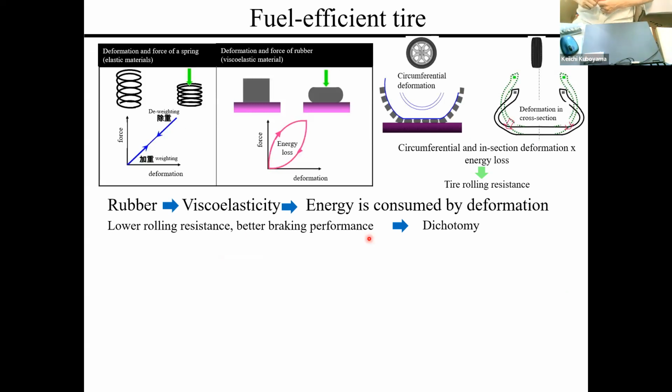So maybe you understand that polymeric materials show elastic and viscous properties, and both properties are very important to decide the property of polymeric materials.